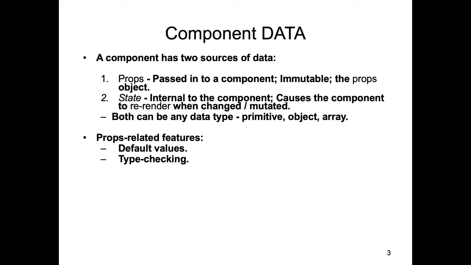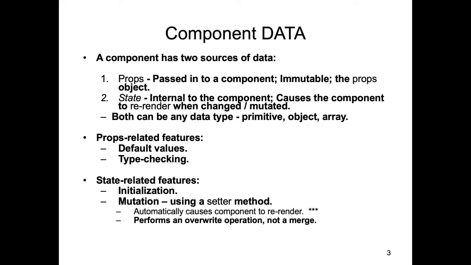The central theme here, though, is all about state. When it comes to state, we need a way to initialize the value of a state variable or variables. A component may have many state variables. There needs to be a formal way of mutating or changing the value of a state variable, because a state variable isn't just like any ordinary JavaScript variable.